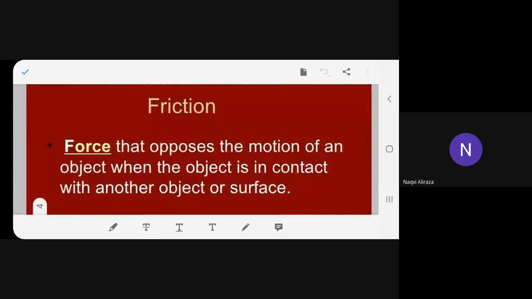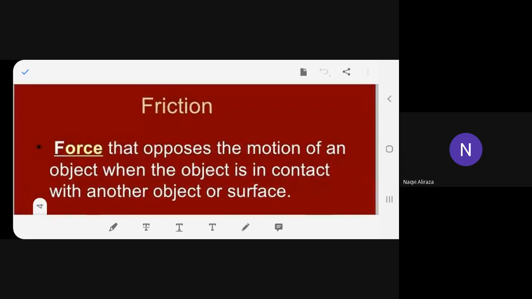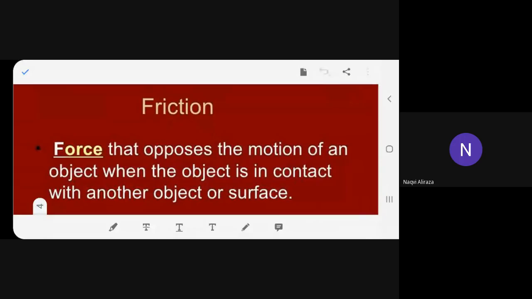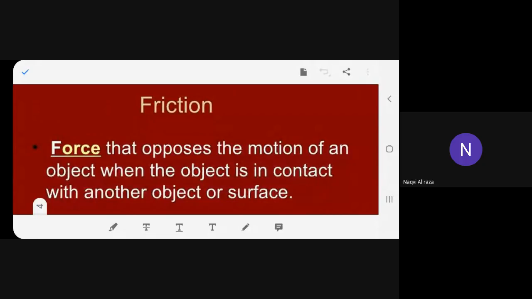Okay, read this. Start reading. If you can see the screen, start reading.